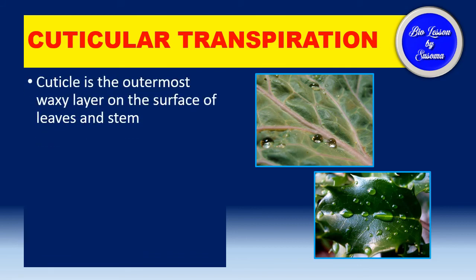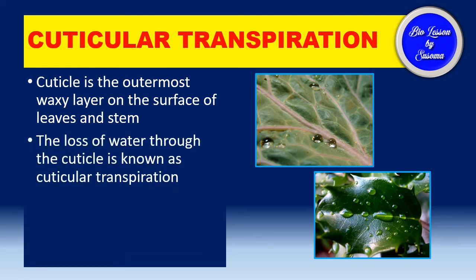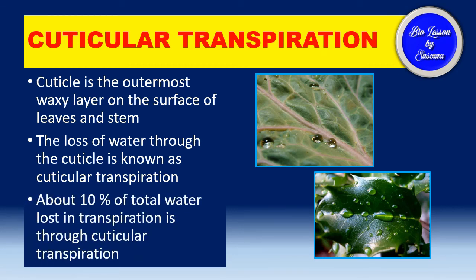The cuticle is the outermost waxy layer on the surface of leaves and stem. When the loss of water takes place through the cuticle in the form of water vapor, it is known as cuticular transpiration. About 10% of total water lost in transpiration is through cuticular transpiration.